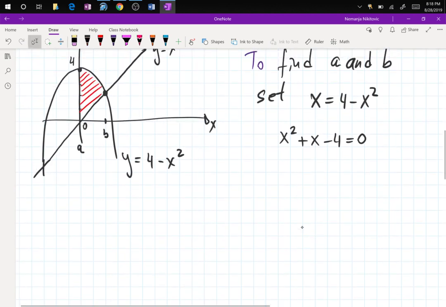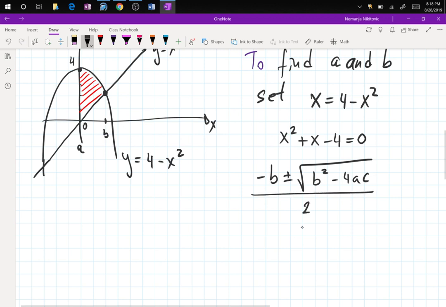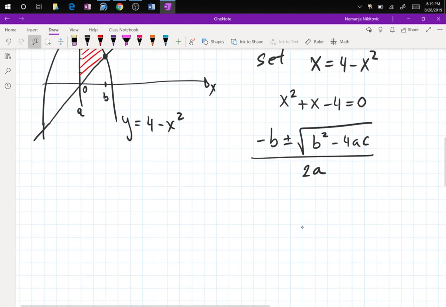So we use the quadratic formula. That's going to be what? Does anyone remember? Negative b, plus or minus the square root of b squared minus 4ac, over 2a. Beautiful. Your a is 1, your b is 1, your c is negative 4. We are talking about our algebra now.